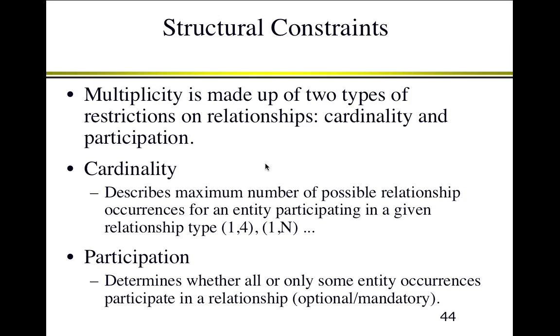And so multiplicity is made up of two types of constraints on the relationship, cardinality and participation. They're actually two separate concepts, but they're treated the same way, and we'll see how that works in the next lecture, actually. Cardinality describes the maximum number of possible relationship occurrences. Participation determines whether all or only some of the entity occurrences participate.